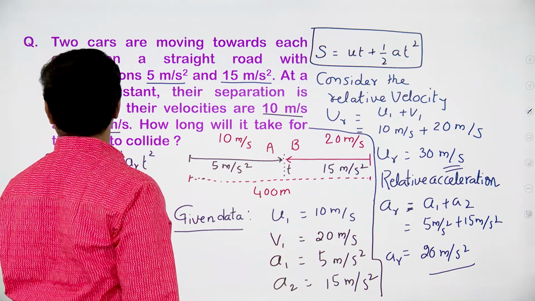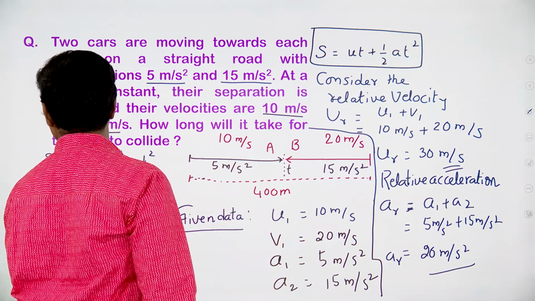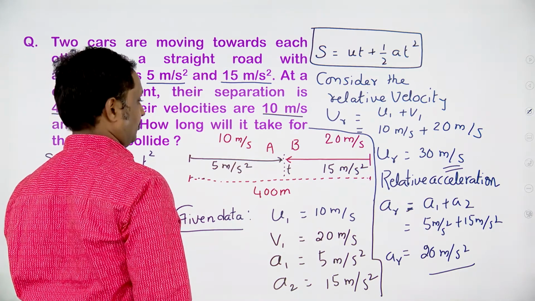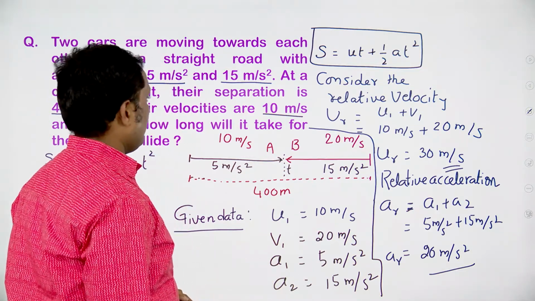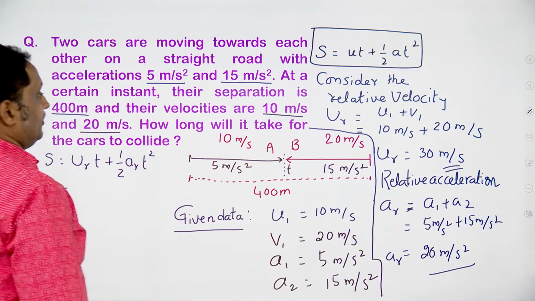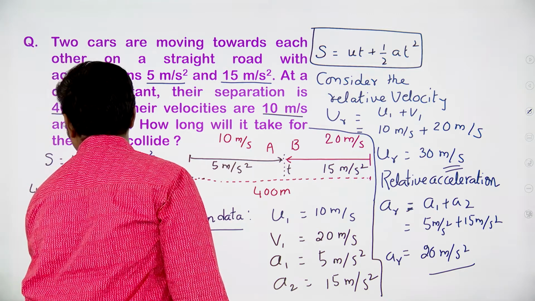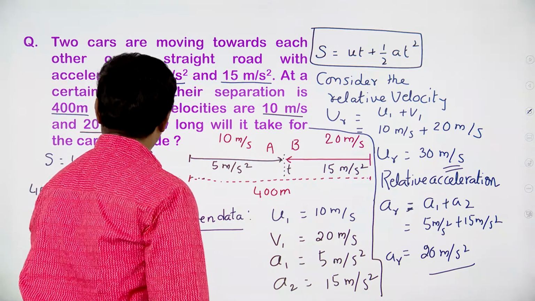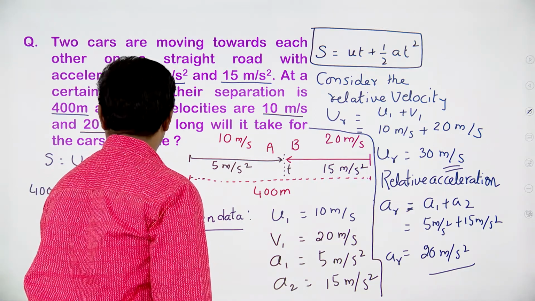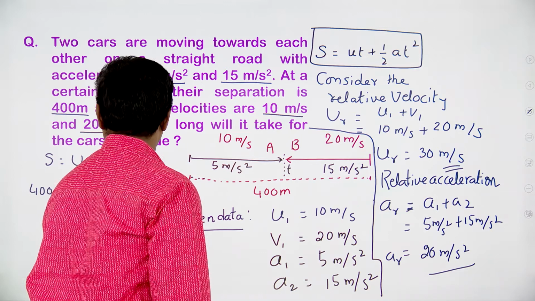Therefore, we have 400 meters, that is S. UR is this one, that is going to be 30 into T plus 1 by 2. What is AR? You have to take 20 into T square.